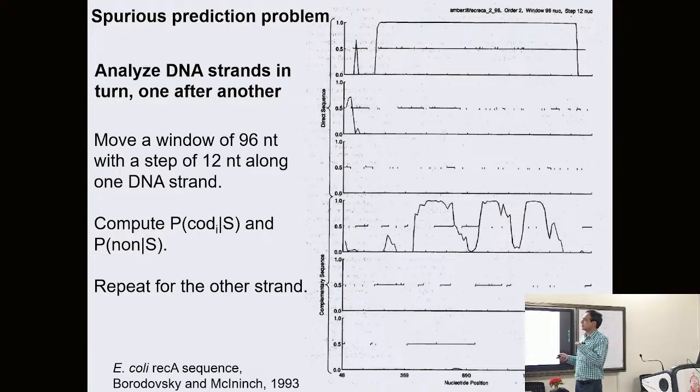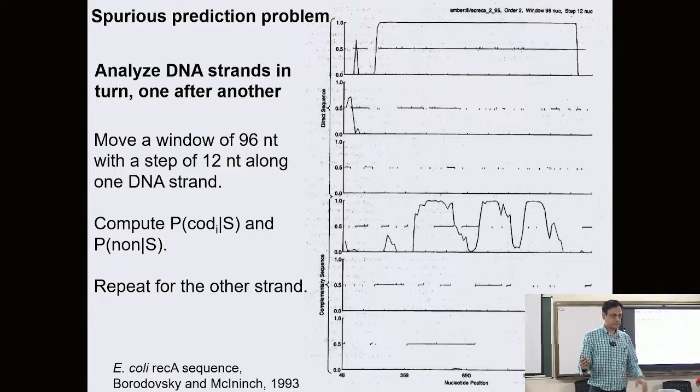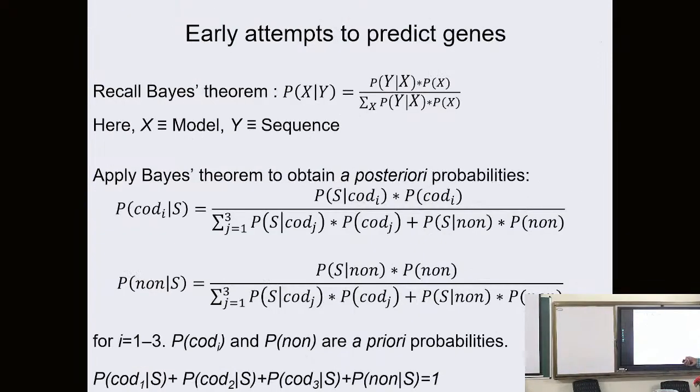Earlier, people used to analyze DNA strands in turn: first the direct strand, and then the complementary strand. When you do the direct strand, you compute these probabilities, where i goes from 1 to 3, plus non-coding. Then you do the same for the sequence in the complementary strand.